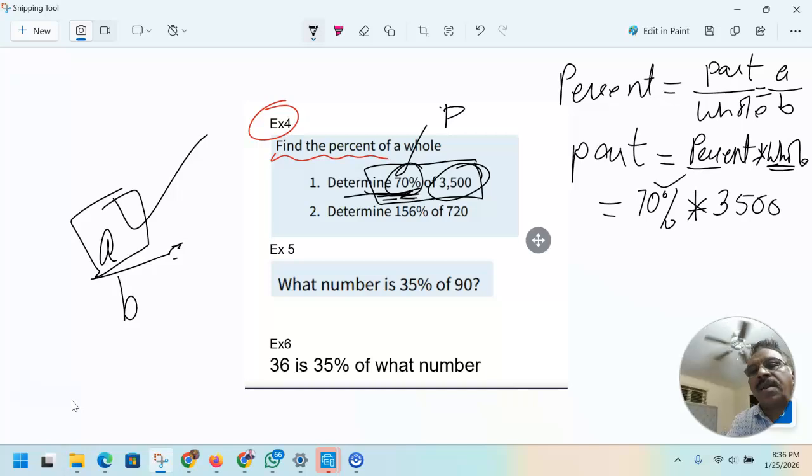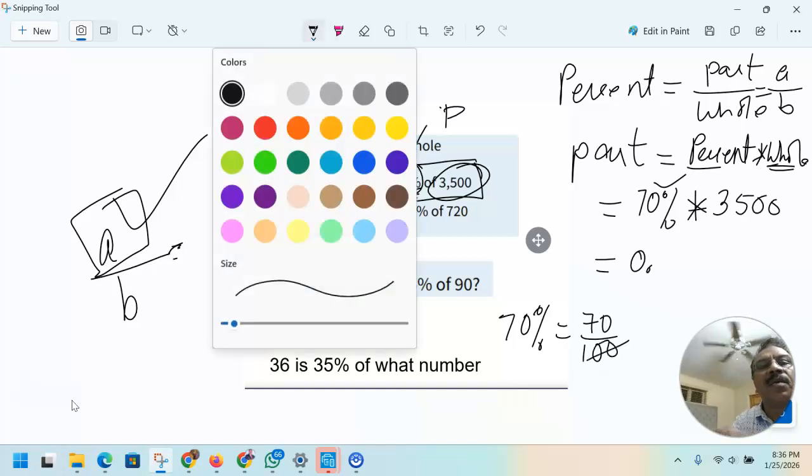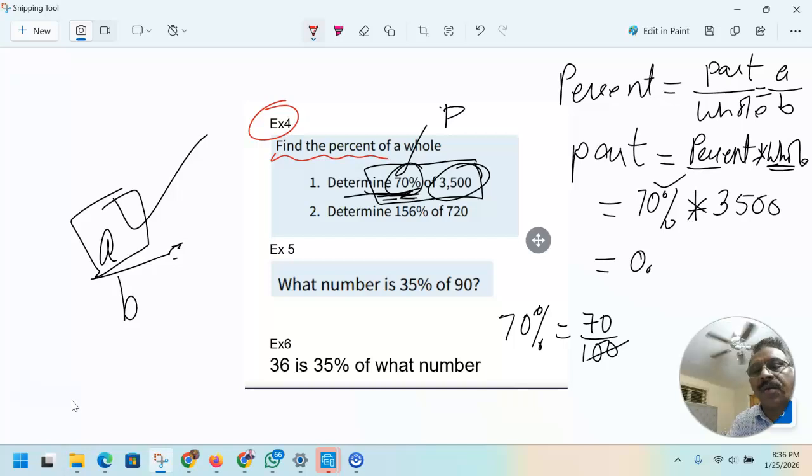Now, remember this 70%: what does 70% mean? It is 70 out of 100. When you take off these two zeros, the decimal, even though you don't see it, is right here, so it moves once and twice. So it's just 0.70.